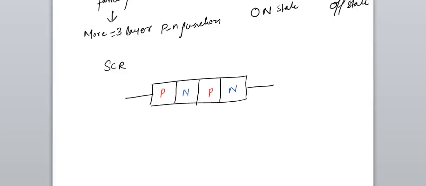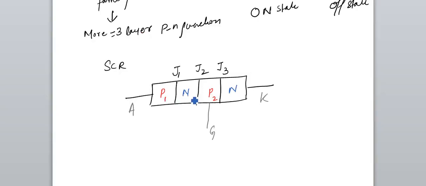Remember, three terminals means anode, cathode, and gate. Next is three junctions, J1, J2, J3. Okay, so three terminals, three junctions, four layers. So always remember this.